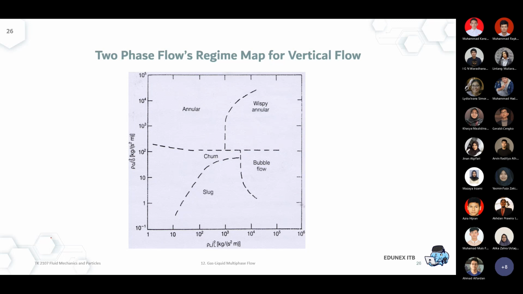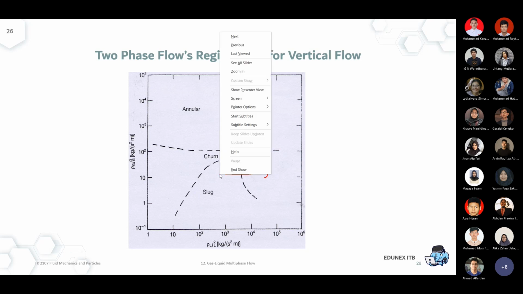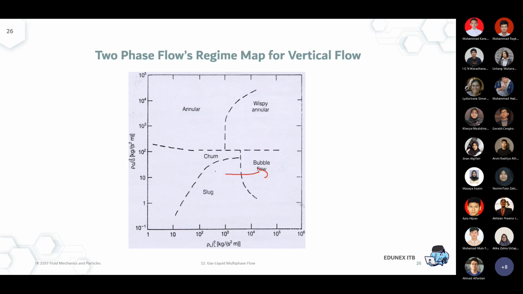This is also important: to imagine how you can shift from a slug to a bubble, which means increasing your liquid flow, or how you can shift from slug to annular, which means you have to increase your gas velocity, increase your gas mass rate, and so on. Those kinds of things will be very important.